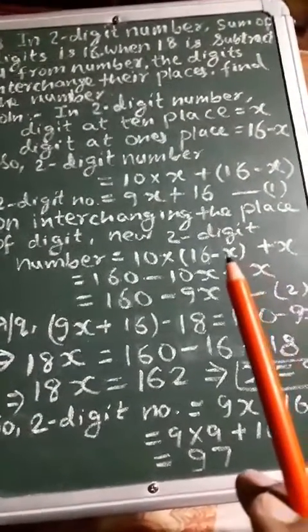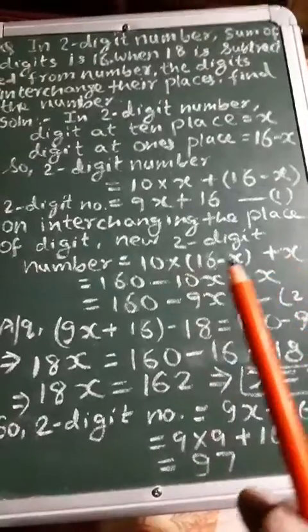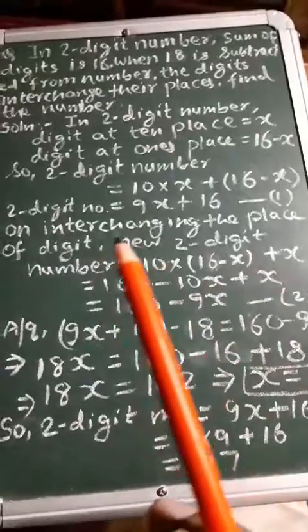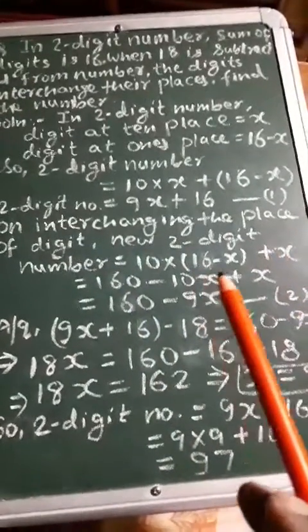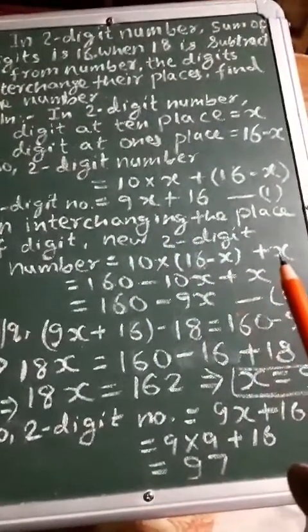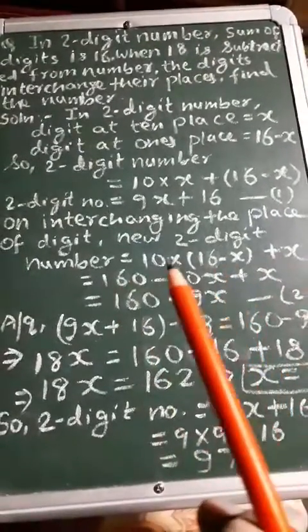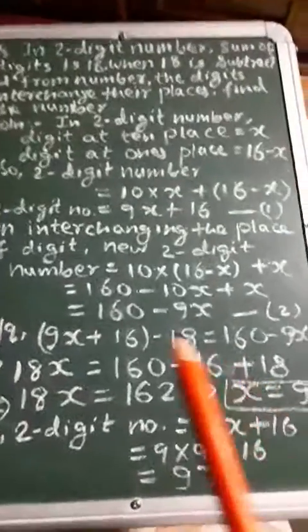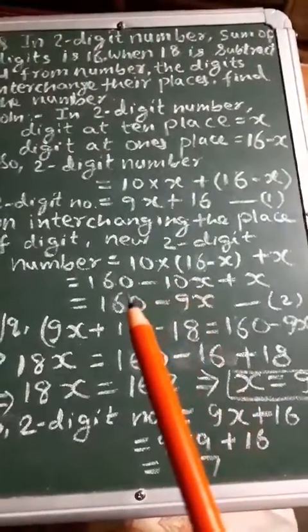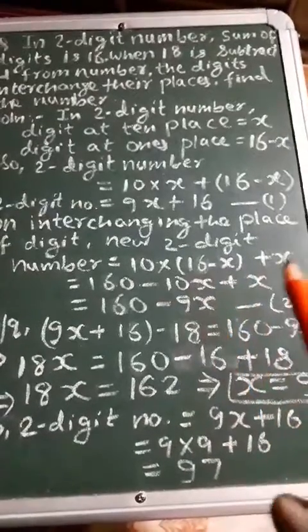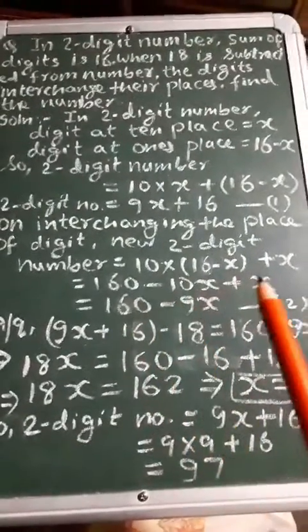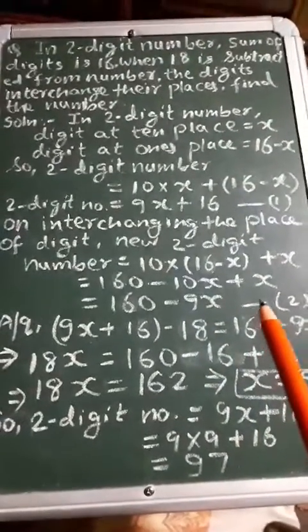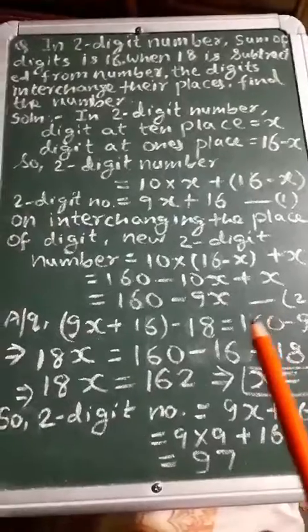In expanded form, the new number is 10 into (16 minus x) plus x. After calculation, 10 into 16 is 160, 10 into x minus is minus 10x, plus x. So 160 minus 9x is the number we got after interchanging the places of the digits.